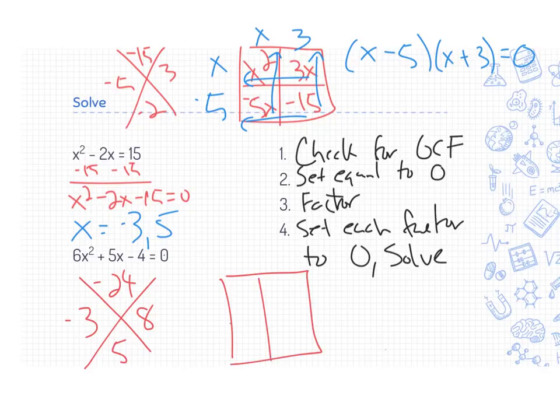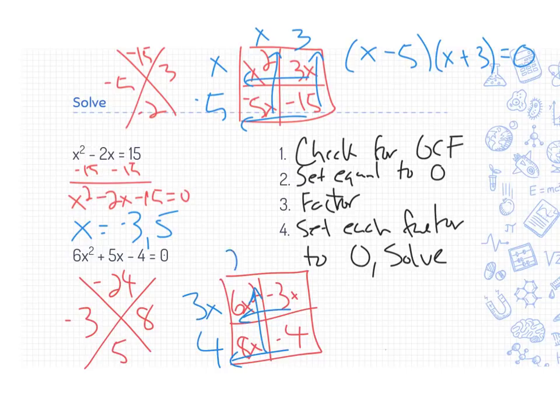Let's do our box, and we get 6x squared. We get negative 3x and 8x, and then negative 4 there. Look for our GCF. Here we get 4. There we get 3x. Here we get 2x.